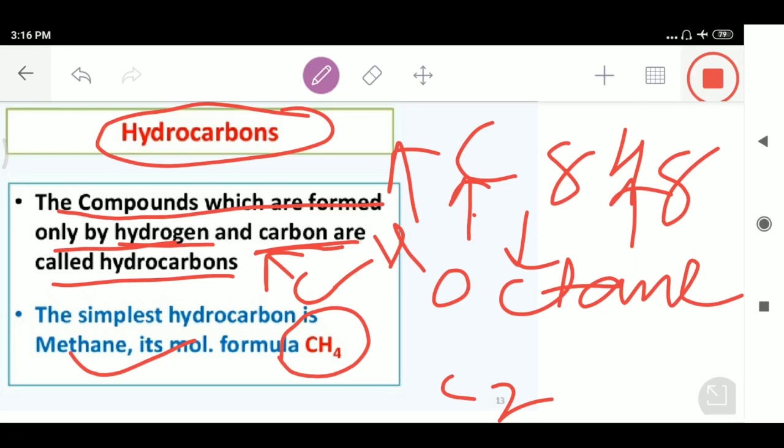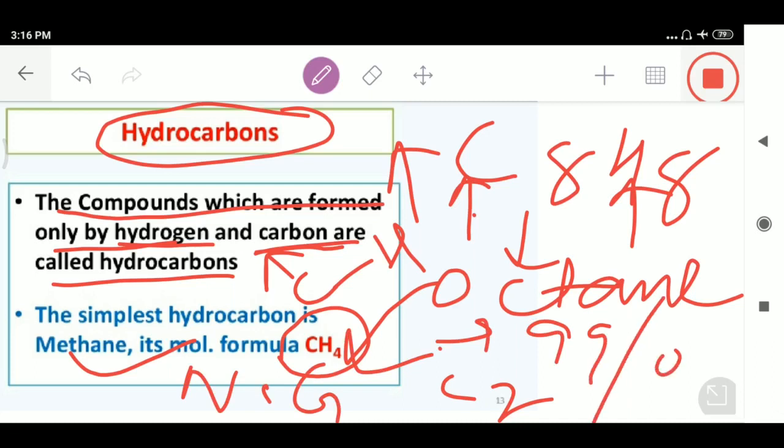After that we do fractional distillation, by which we draw the impurities out from the crude oil, and then we use the purified oil. Another main source of hydrocarbons is natural gas, and methane is also called natural gas, because natural gas contains 99% methane, that's marsh gas.